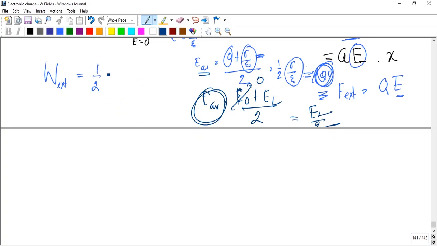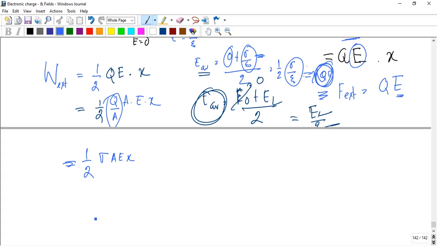So that is equal to Q times EL, or put here EL, that is E times X, in this place. Okay, and here from charge Q, we are doing some algebra, that is 1 by 2. Now multiplied by A in numerator and denominator, E times X, that is equal to 1 over 2 Q over A, that means sigma A E X. Now we put the same concept here, epsilon naught multiplied in numerator and denominator.